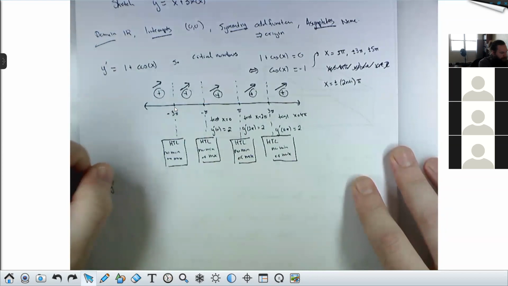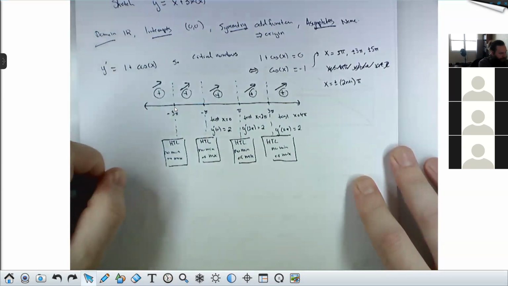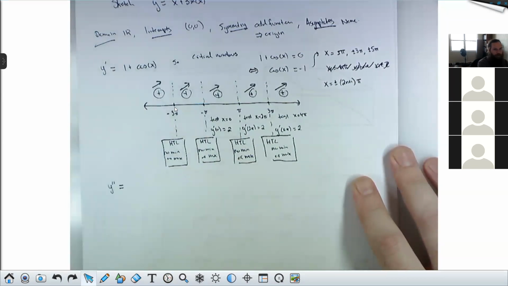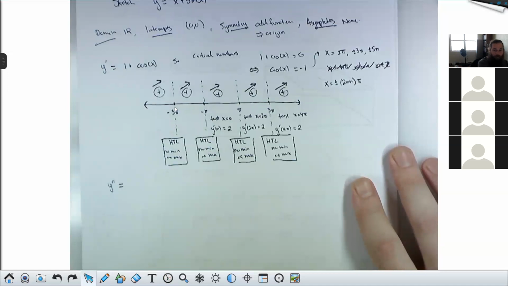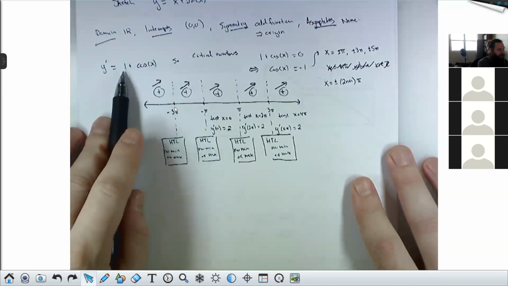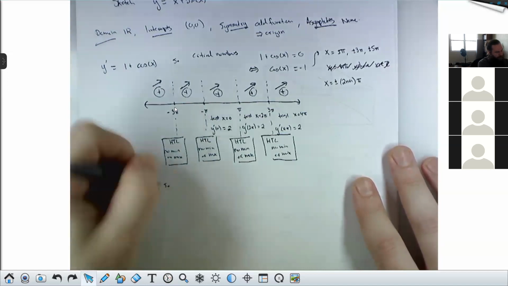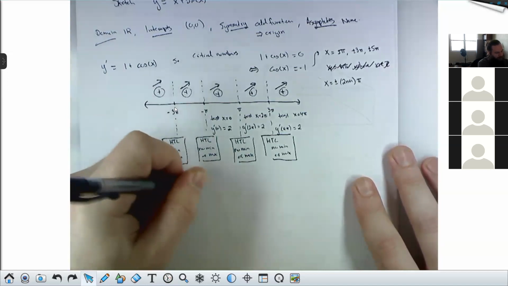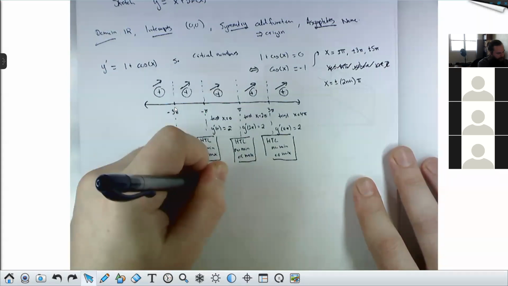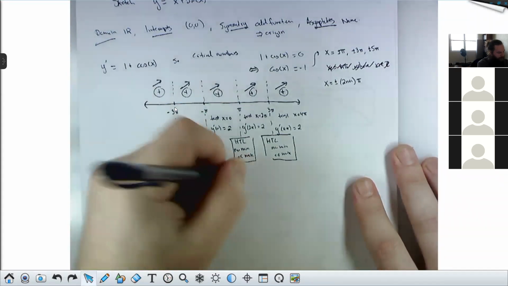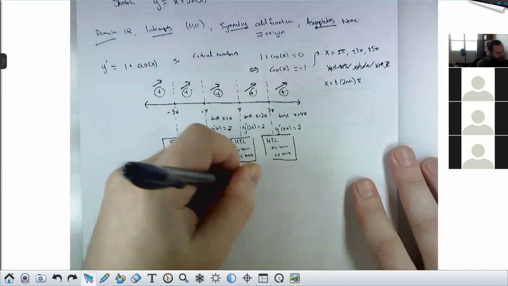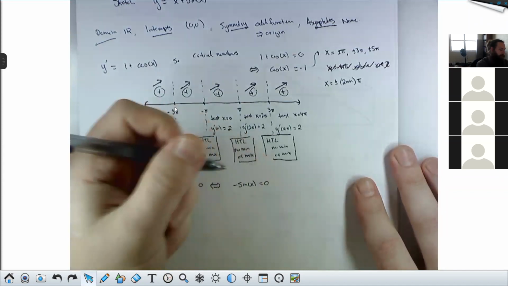y double prime. If I differentiate this again, so now I'm going after inflection points and concavity info. The derivative of 1 is 0. The derivative of cos x is negative sine x. So y double prime is equal to 0 if and only if negative sine of x is equal to 0.